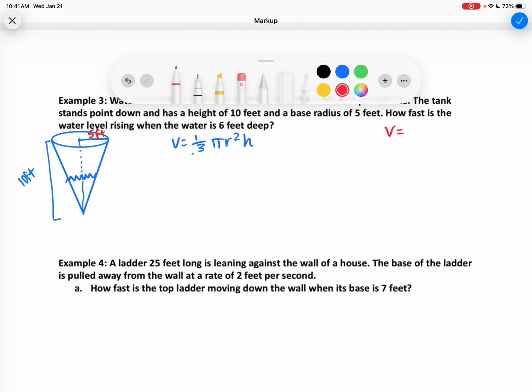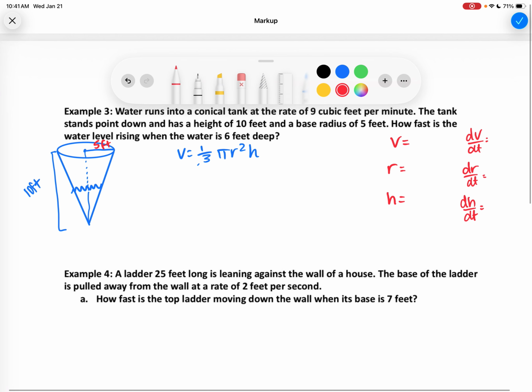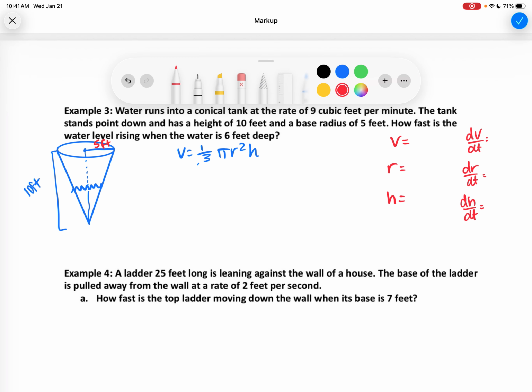So I've got V, I've got R, I've got H, and then obviously dV/dt, dr/dt, and dH/dt. They didn't tell me volume, but I can look at the formula and know, just like with the last one with area, I'm not going to need volume, so I'm going to put a slash through that.